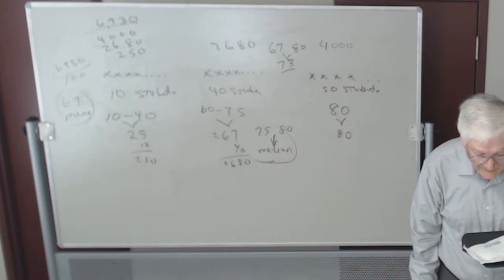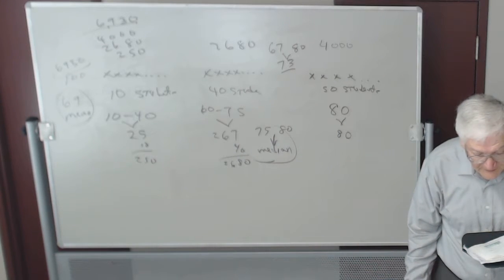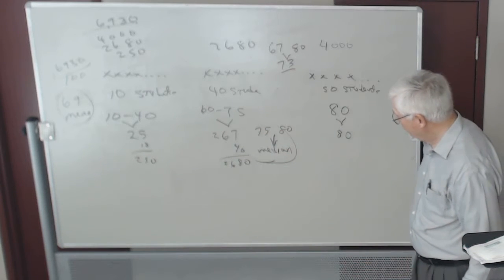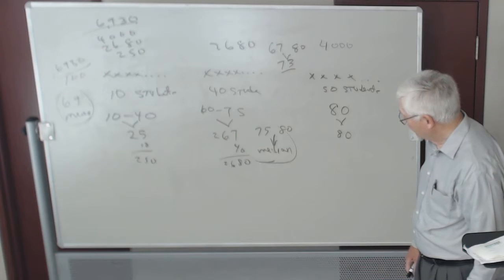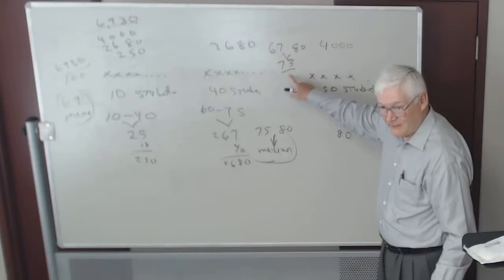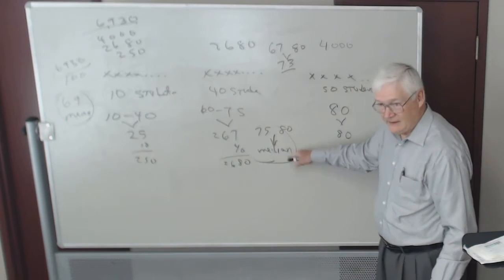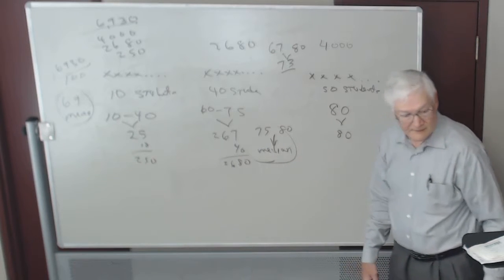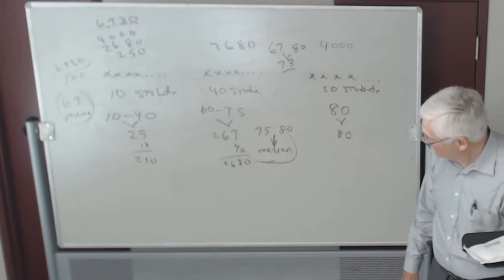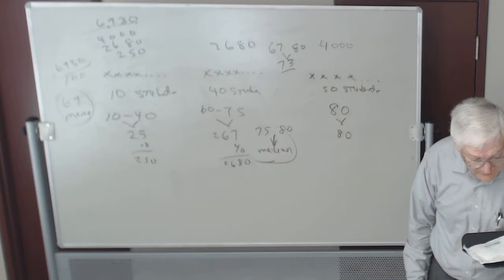The median and the mean are the same. No, the mean is less than the median. My mean was 69, and if I do it this way, I get 73 for the median. If I do it this way, I get 78 for the median. So, what am I going to say? The mean is less than the median? Yes. 69 is less than either one of those.